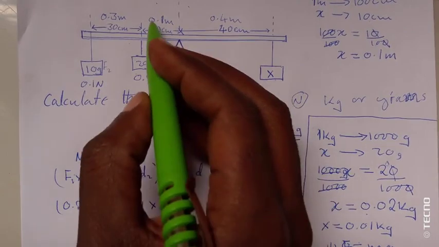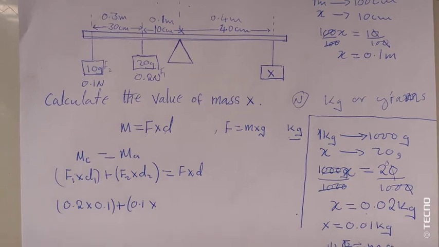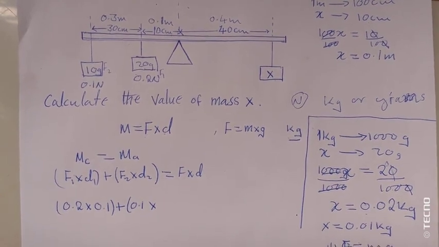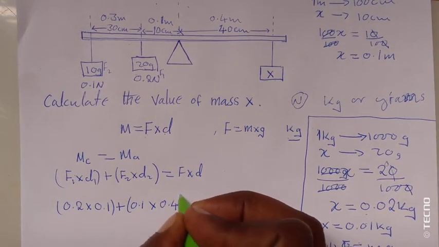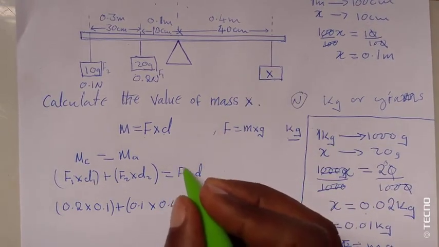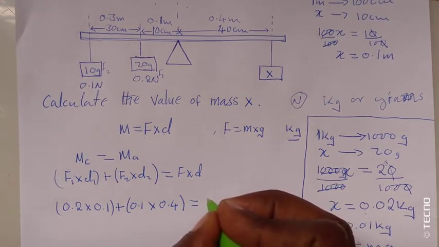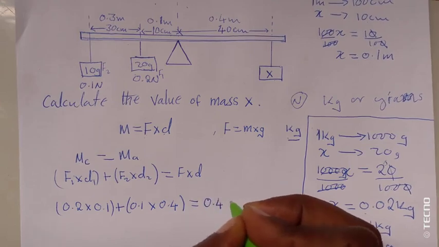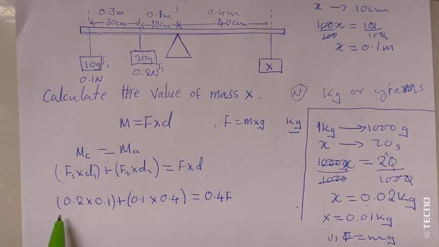It's going to be 0.1 plus 0.3, you have 0.4. So there you are going to have 0.4. We close, is equal to, this side is just 0.4 times F.